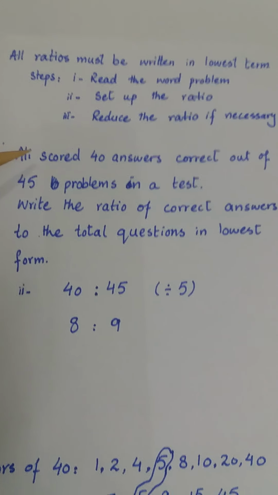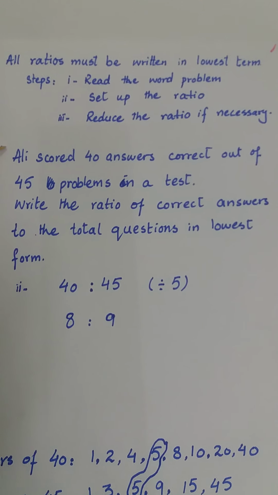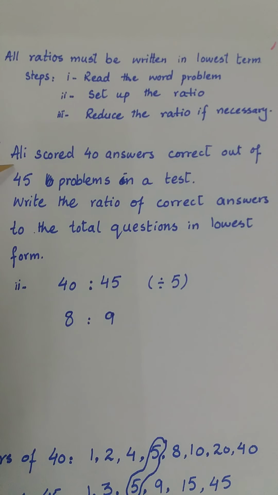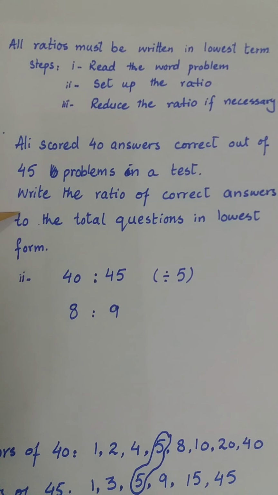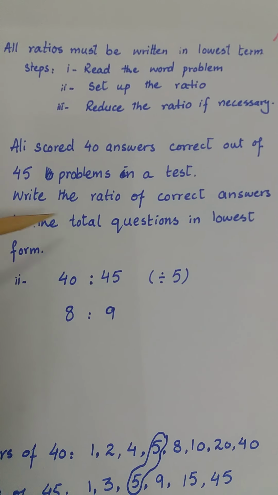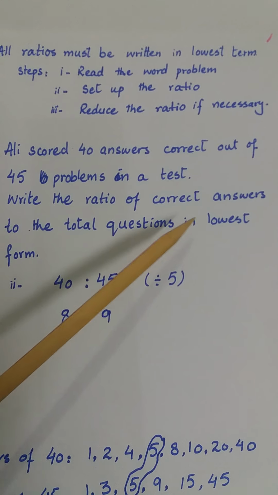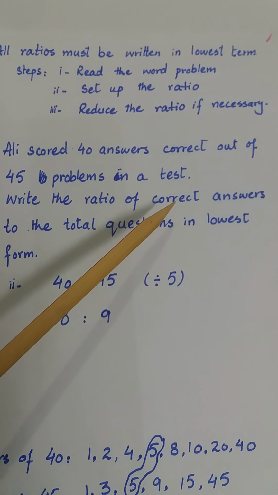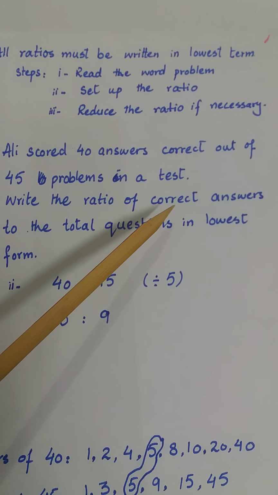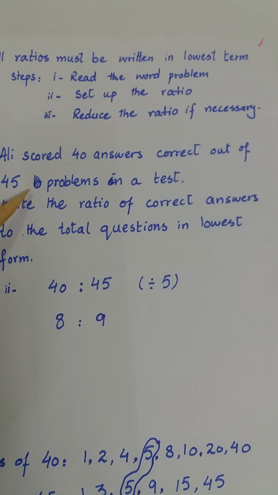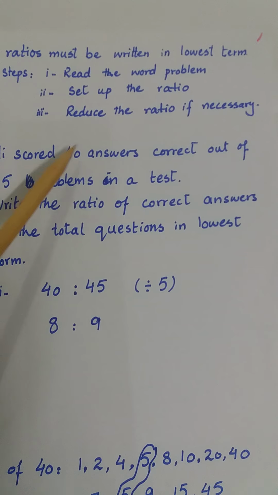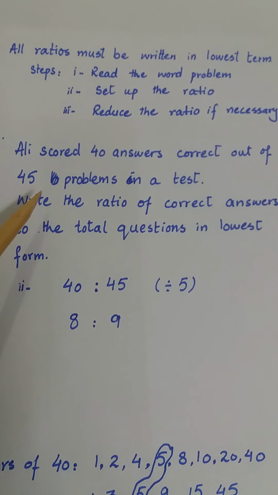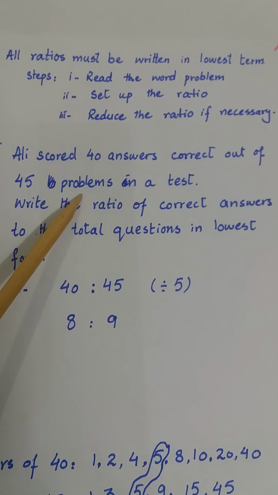For example, Ali scored 40 answers correct out of 45 problems in a test. Now write down the ratio of correct answers to the total questions. The first thing that we will do is read the word problem again, what they have given to us and what they have asked from us. They have given 40 answers correct out of 45 problems.